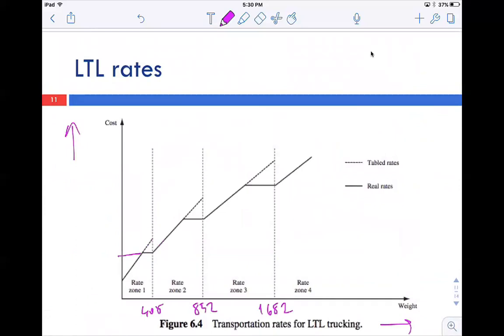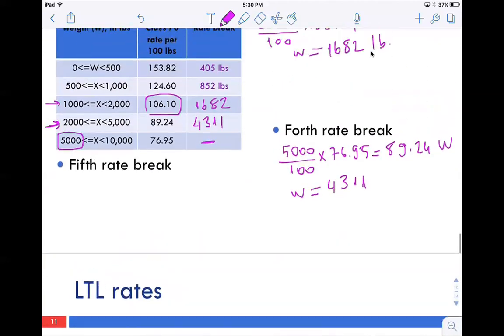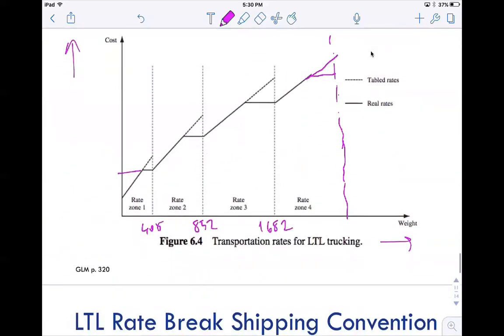And we have another one somewhere here. These are not to the scale. Let's assume like this. And maybe we do have another one here, and in this case, it is 4,311. Okay. And then your total cost.